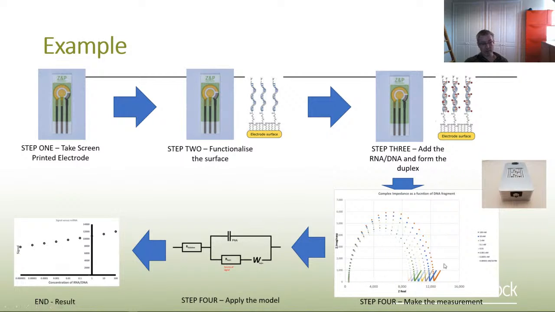And so what happened there was, as we increased the DNA concentration, we went from one semicircle to a bigger semicircle to a bigger semicircle. What was happening was the more DNA we put in there and the more binding we got, the bigger this RCT value became, the bigger the charge transfer resistance became. And so we had a charge transfer resistance that changed as a function of DNA concentration.